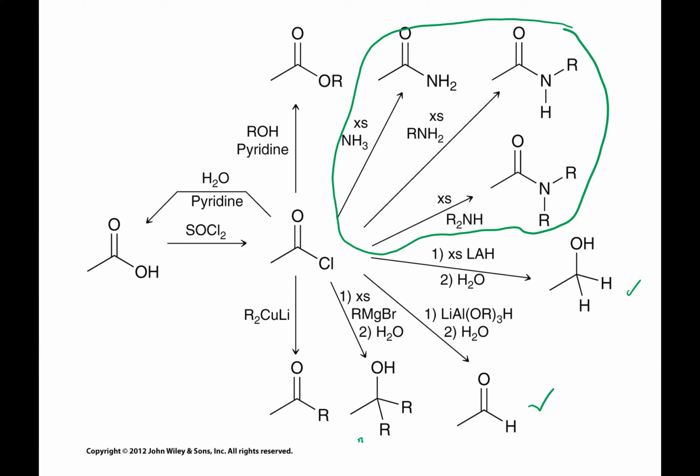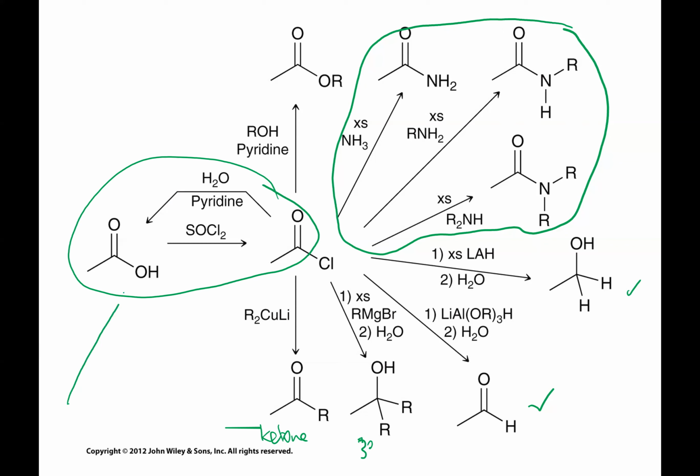That happens twice to give us a tertiary alcohol, or use the Gilman reagent, which only adds once, and we produce a ketone. And then to the left here shows you the two ways to interconvert between a carboxylic acid and an acid chloride. Now we will do a lot of reactions where we turn things into carboxylic acids so that we can turn them into acid chlorides.